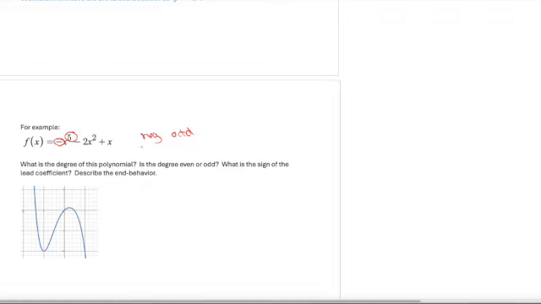In terms of end behavior, it's going to behave like y equals negative x cubed, which we saw above. The end behavior of this graph is consistent with that. To the right, it falls, and to the left, it rises.